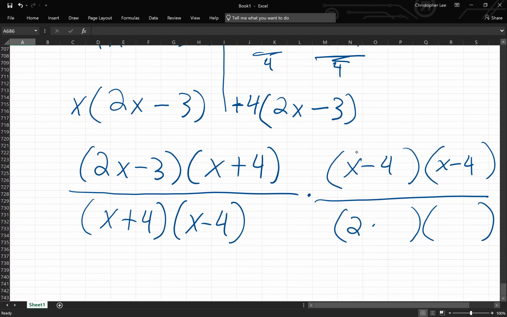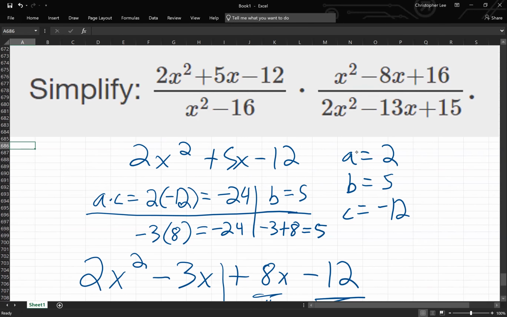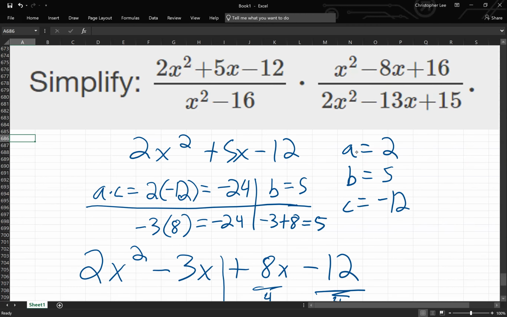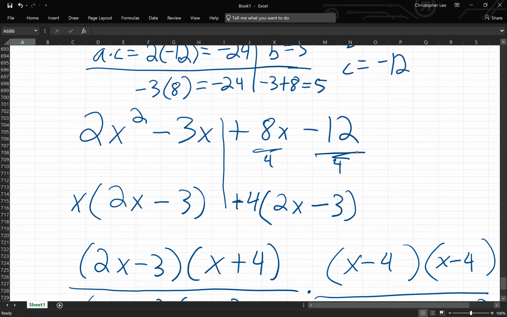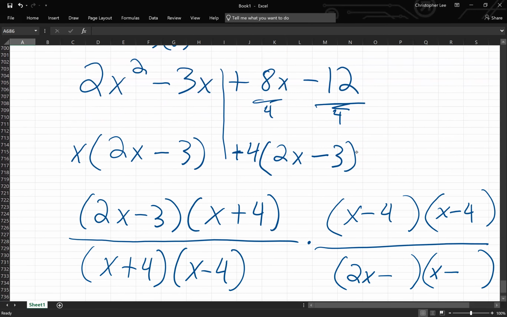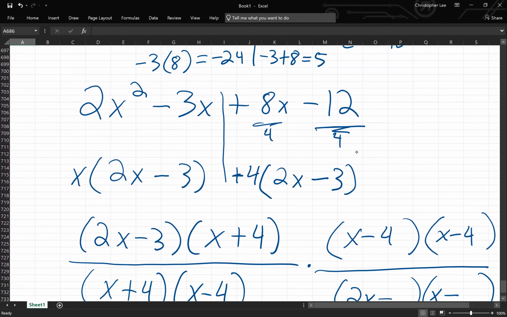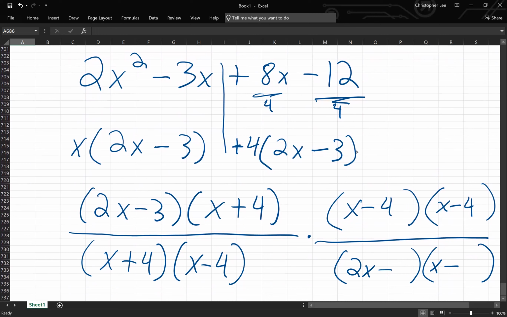So I know it's 2x, I know it's an x. I know they're both going to be minus because my C term is positive and my B term is negative, right? But what two numbers multiply to give me 15? Okay, 3 and 5, all right?